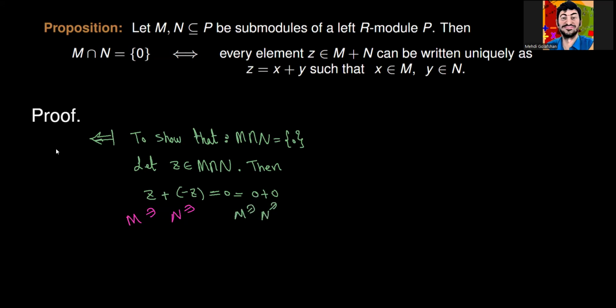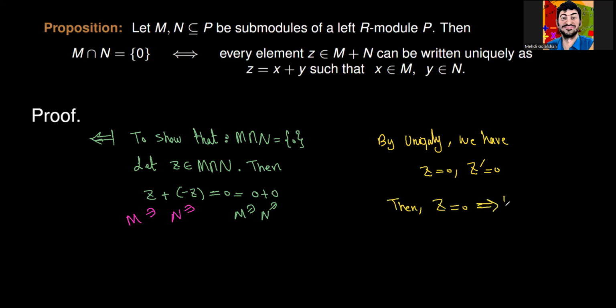So by uniqueness, Z is equal to 0 and minus Z is equal to 0.